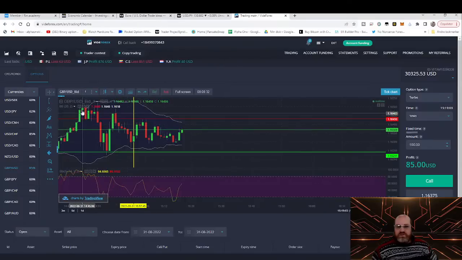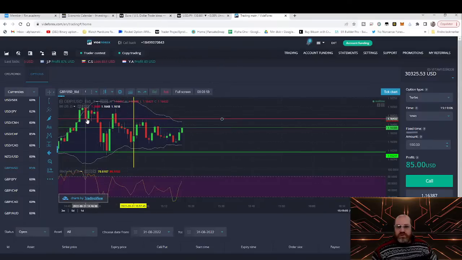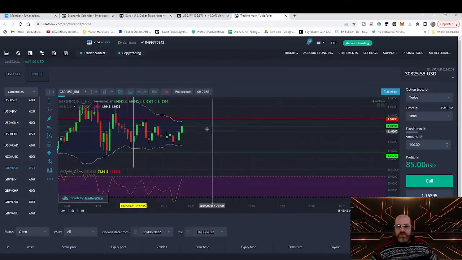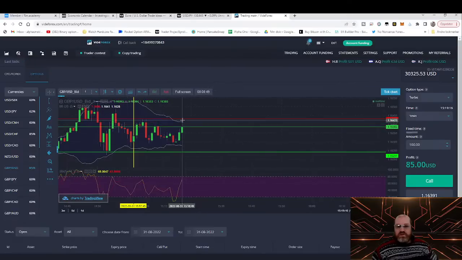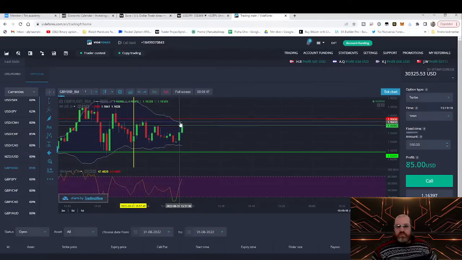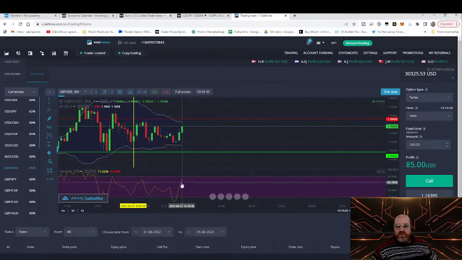We see in the upper also we go down here and go up. So this area is pretty strong. If we come up there now, we can take a trade because all the criteria are correct. We have space for the upper bullish band up to the red line. The stochastic will come up in this region.